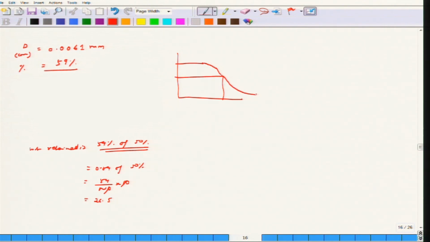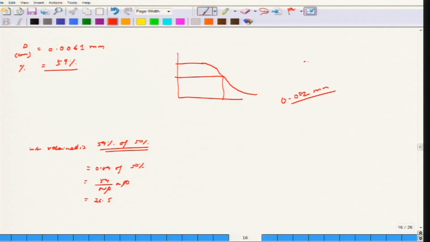Depending on that, in the consecutive steps you will find out the percentages for the other sizes of soil. So let us say there is another point with 0.002 millimeter.